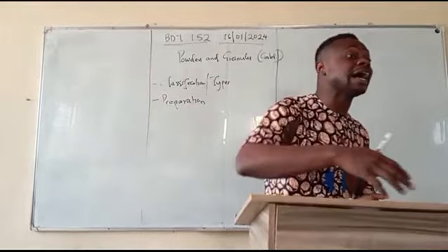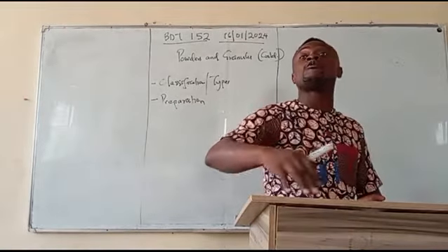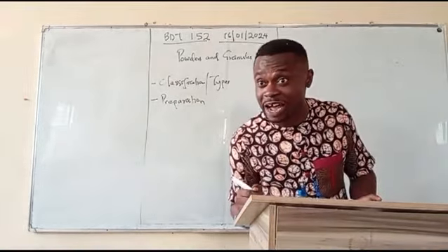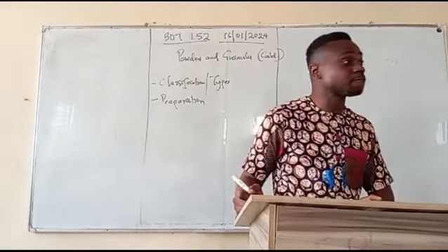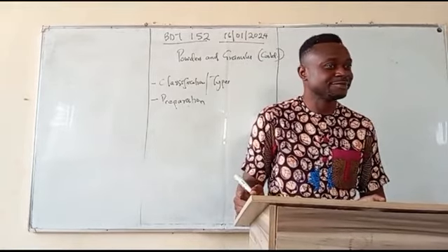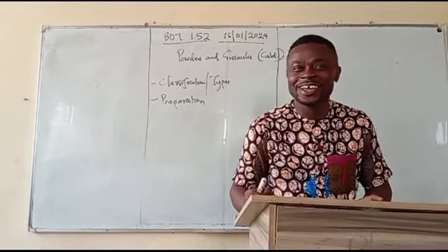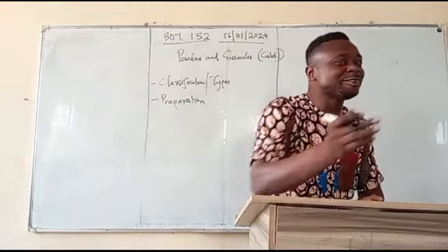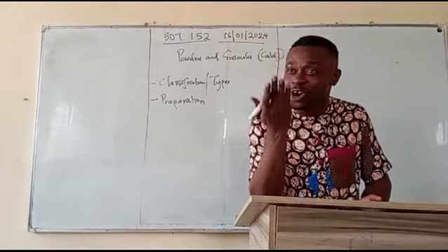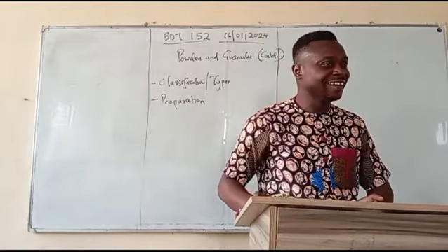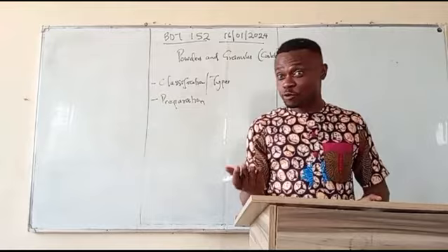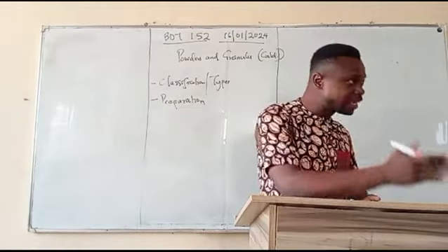You start cooking, and when you want to put in salt, you realize you don't have salt. Are you serious? Or you want to prepare a soup and there's no key ingredient. You can't just walk in and start cooking. True or false? You make sure you have the ingredients.